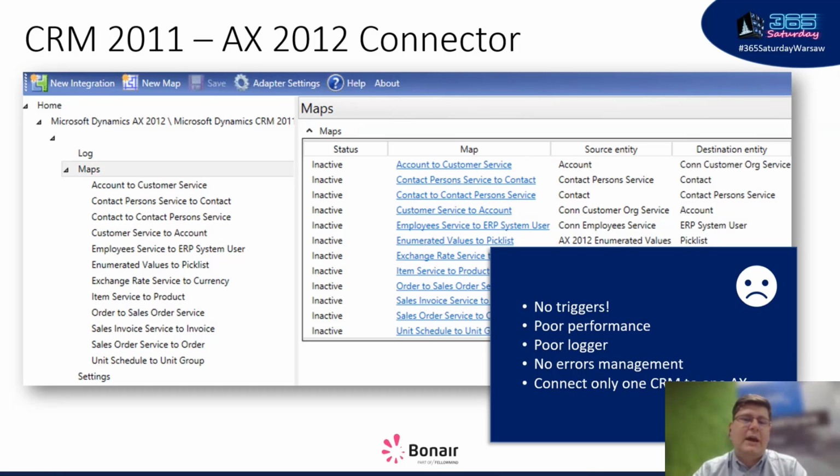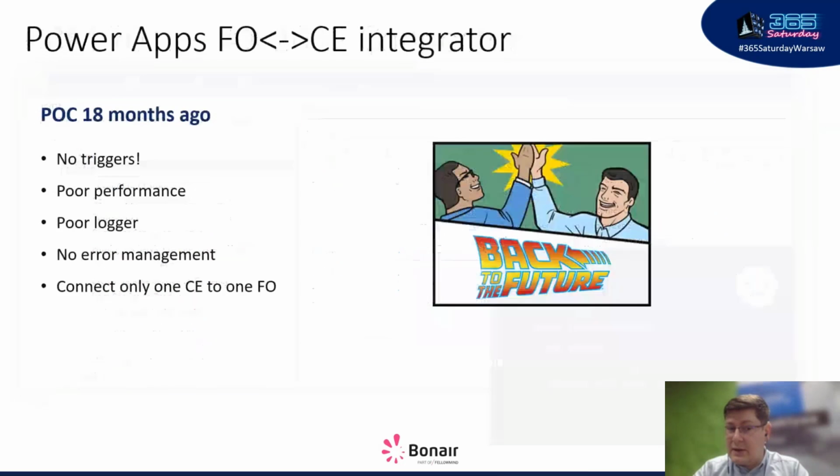Because after 10 years, Microsoft created the new Power Apps FO/CE integrator, and we made a proof of concept about 11 months ago. And guess what? The same problems: no triggers, poor performance, poor logger.